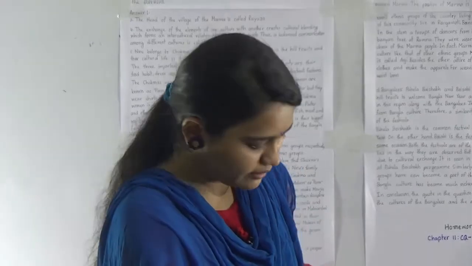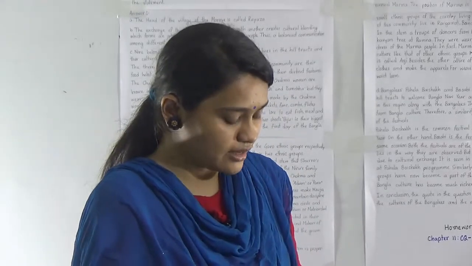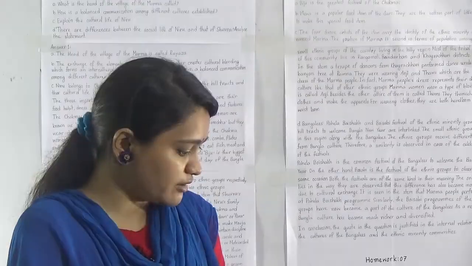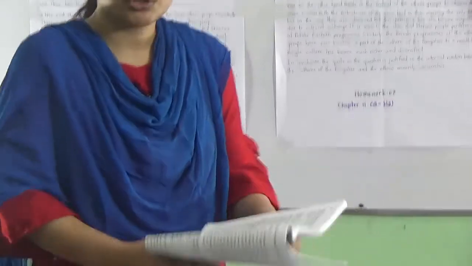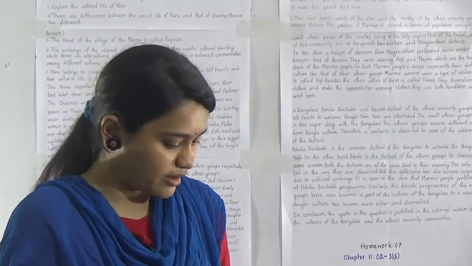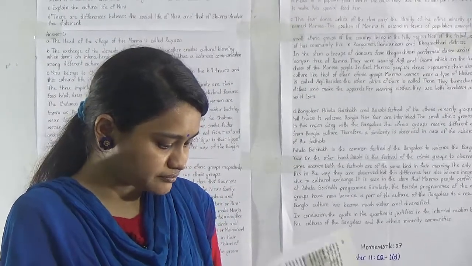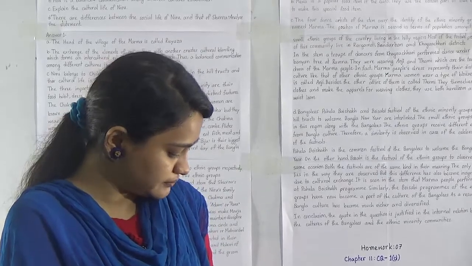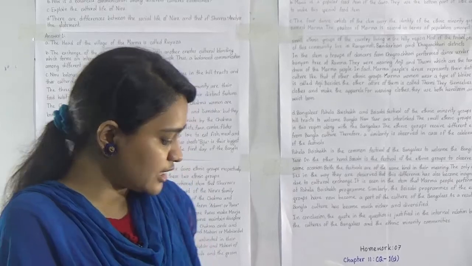Now look, you can use the social life of the Chakma from page 128, and you can also take the help of the social life of the Garos from page 130.